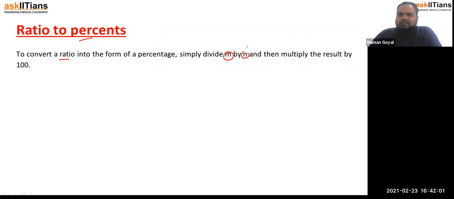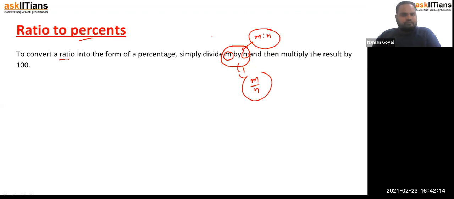Basically, if the ratio is m is to n, then you can write this as m by n. So we convert that ratio into a fraction, and we know how we convert a fraction into a percentage, by multiplying the result by 100, isn't it?